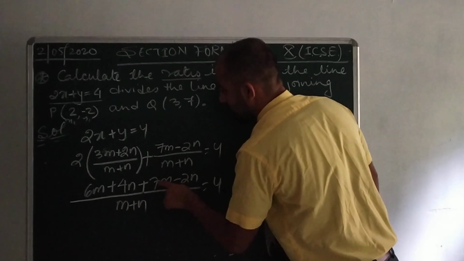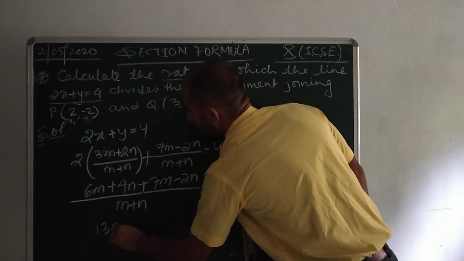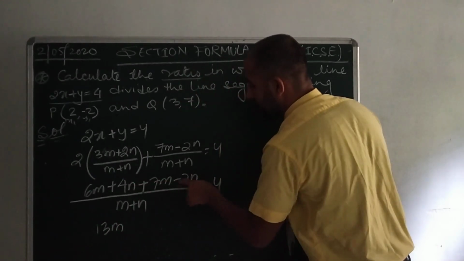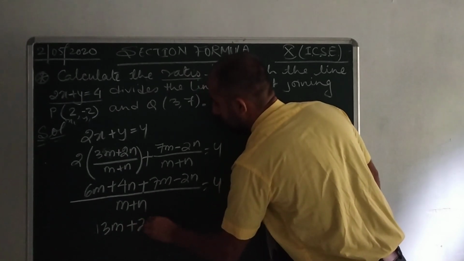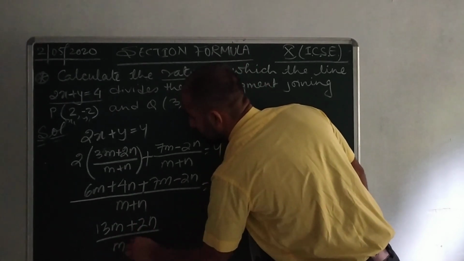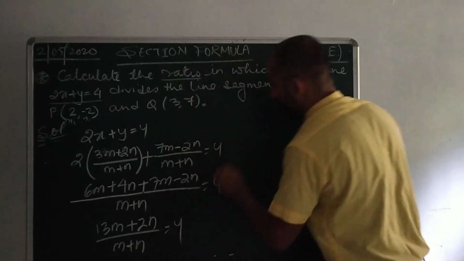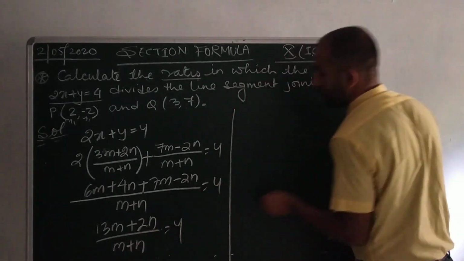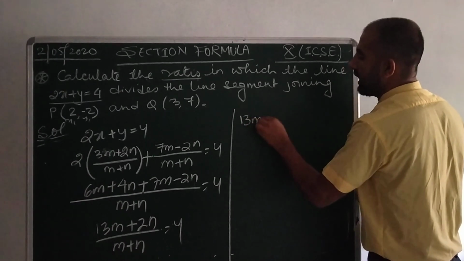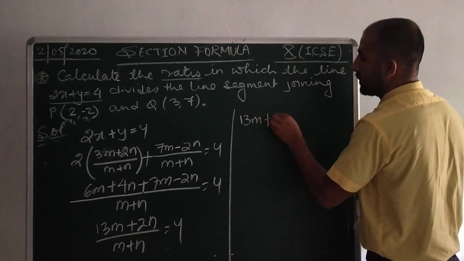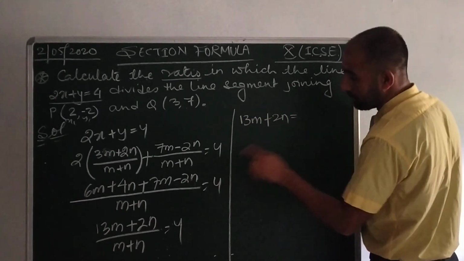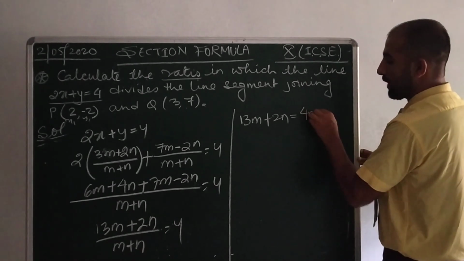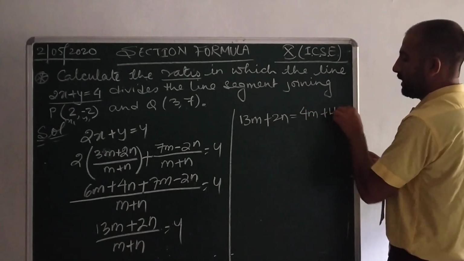So 6m plus 7m, that is 13m. 4n minus 2n will give you plus 2n, by m plus n equals 4. Okay, let's continue. Let's cross multiply m plus n into 4. We already have 13m plus 2n on the left side. I'll cross multiply it. That will give you 4m plus 4n.